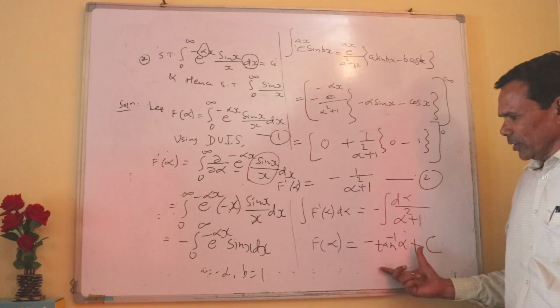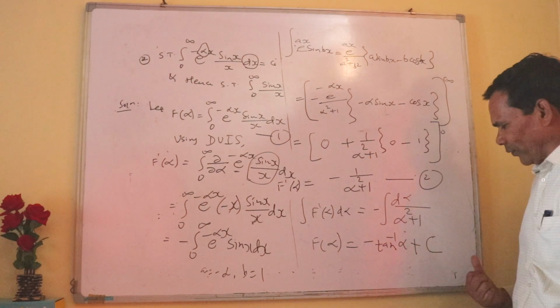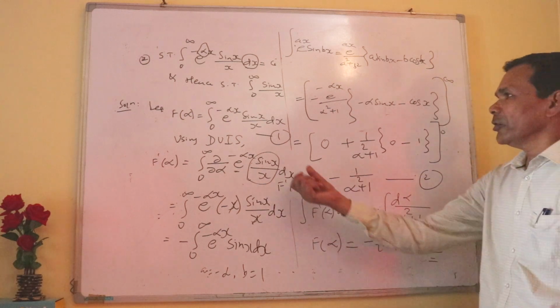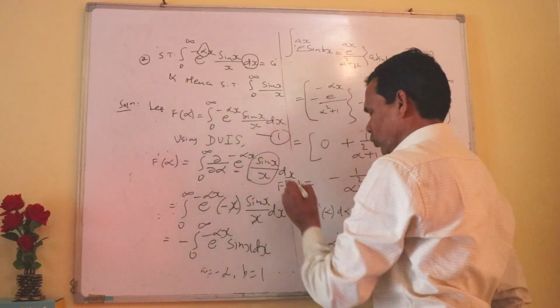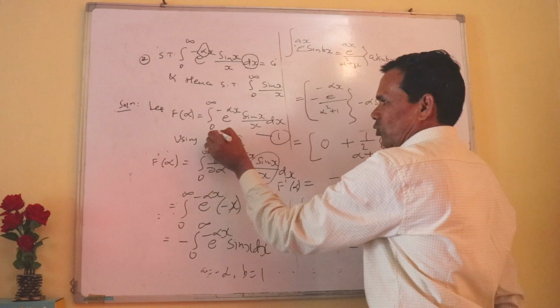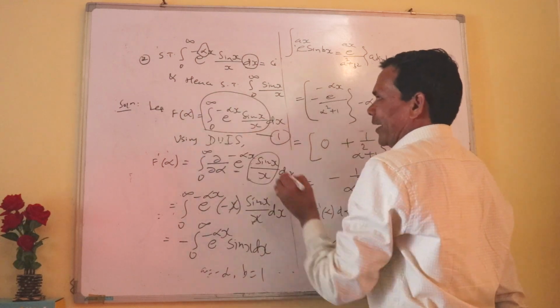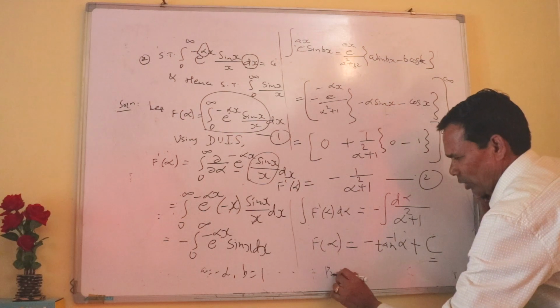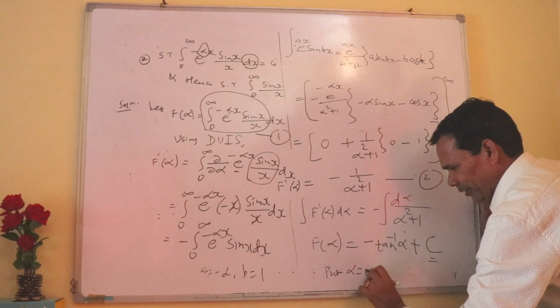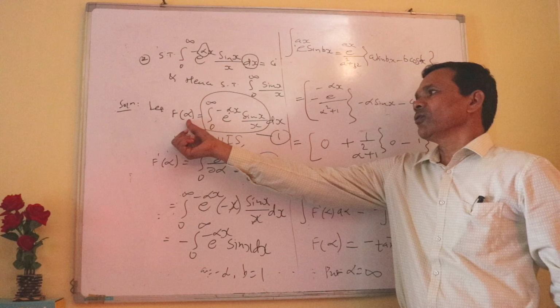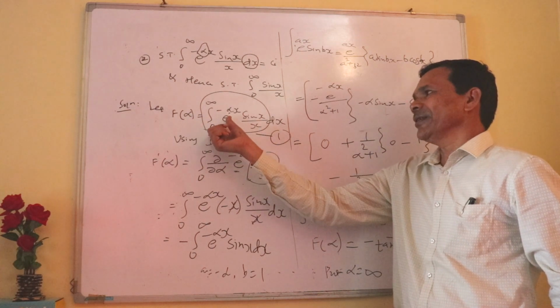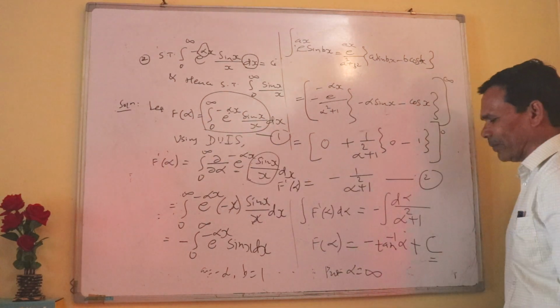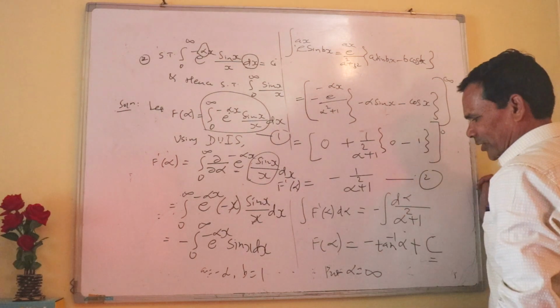Again, we find the value of c. We choose the parameter alpha from the original integral so as to make it finite, and here we have to choose alpha equal to infinity. If we choose alpha equal to infinity, e raised to minus infinity is 0, and 0 multiplied by the whole expression is 0.